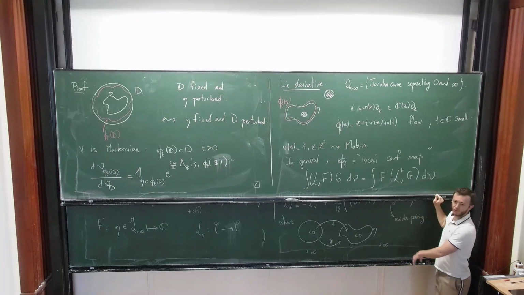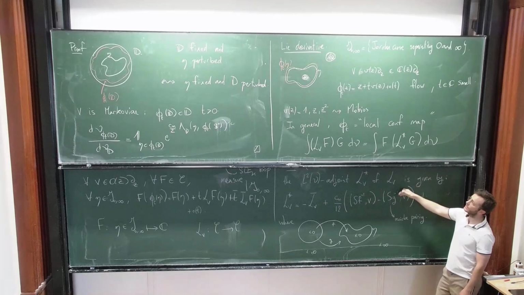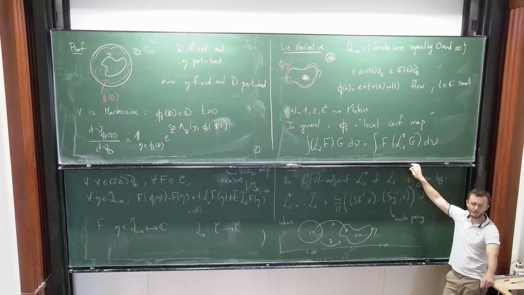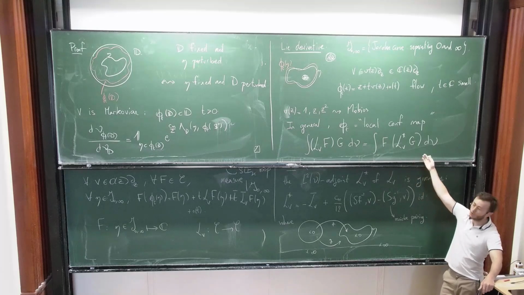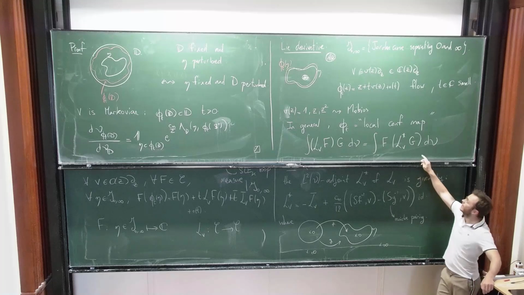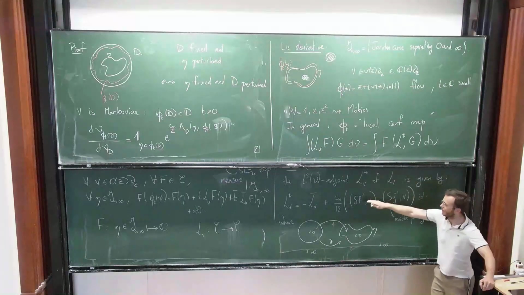So this formula here, what this is saying is that for a family of test functions f and g in a given space, I'm not telling really what this space is, this formula holds for these test functions f and g. And here I would replace this L_V star by that formula.